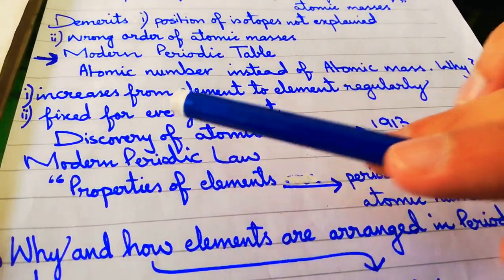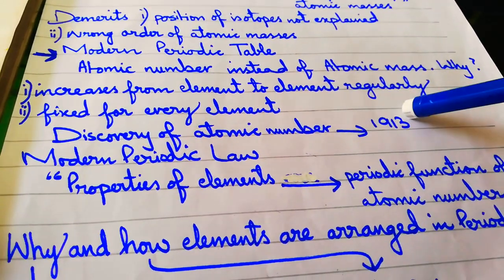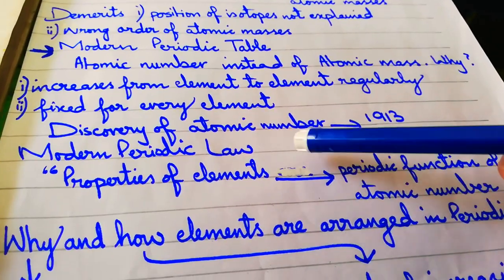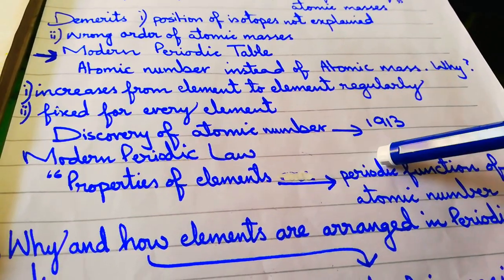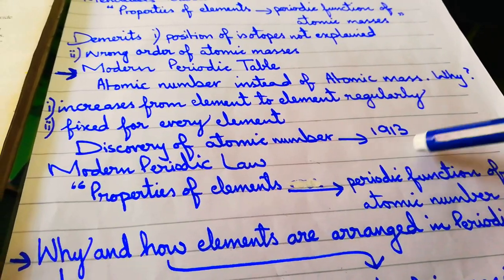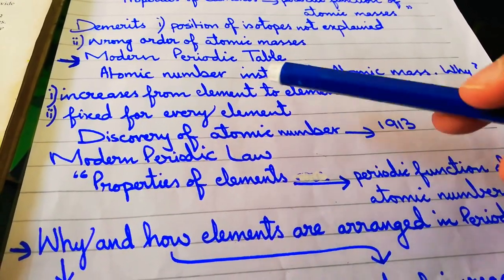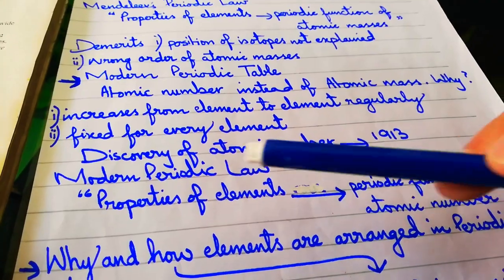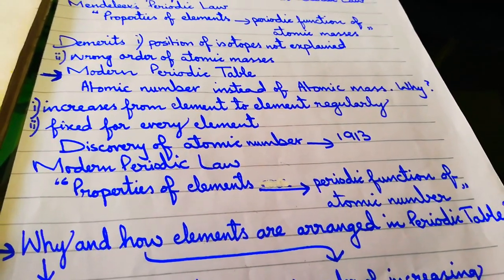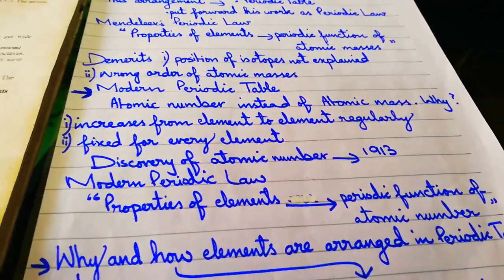Because the atomic number increases from element to element regularly, and it is fixed for every element. So when the atomic number was discovered in 1913, the elements were arranged in the periodic table according to their atomic number. And what is the modern periodic law? Properties of the elements are the periodic function of their atomic numbers.